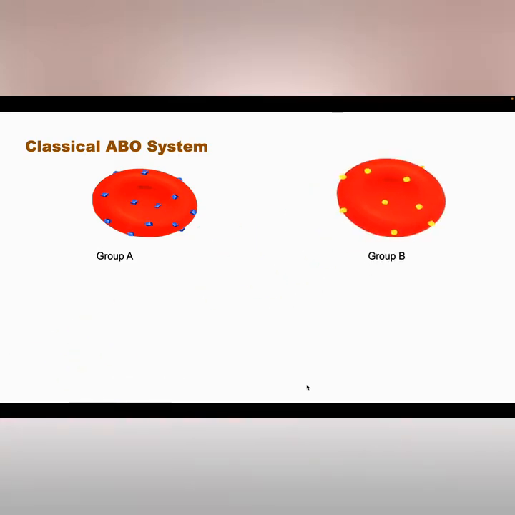Individuals having antigen B, or beta, on the membrane of the RBC and antibody A, or alpha, in the plasma are called B blood grouped people. People having antigen A and B on the membrane of the RBC and no antibodies in the plasma are called AB blood grouped people.